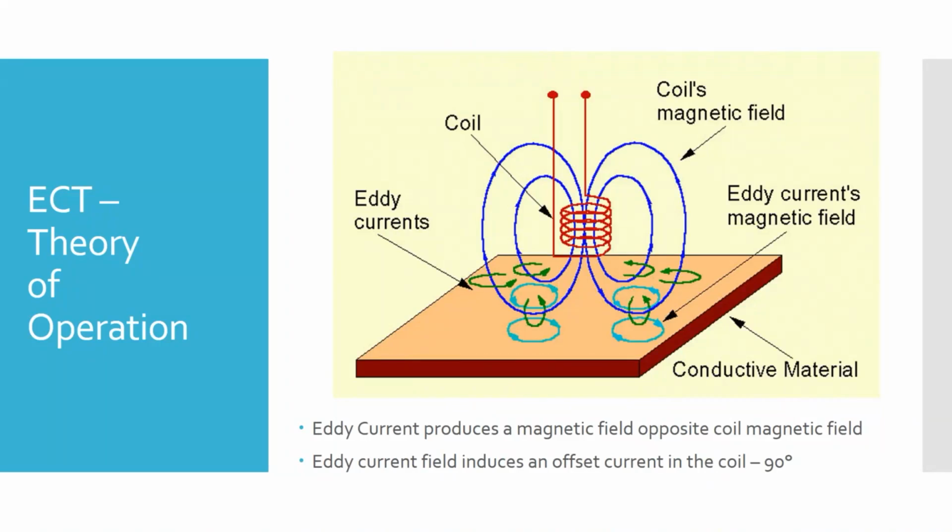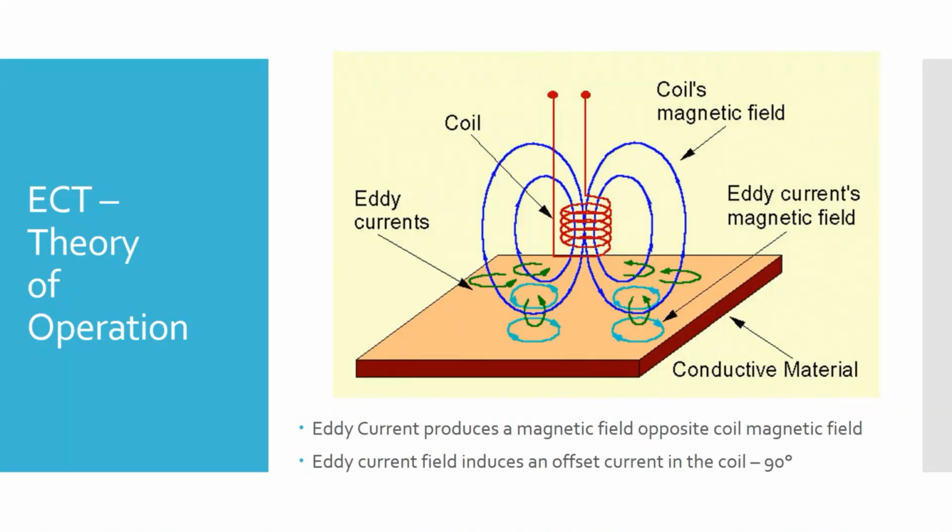This is how an inductive coil works: when you put metal into it and take it out or move it, this is why the inductance changes in a coil that has a current running through it as you put it near metal, or if you put a piece of metal inside or outside of it. Okay. And so if we measure that, if we look at how much that affects the coil, then we can determine if there are changes in the amount of metal that's in front of the coil or near the coil.